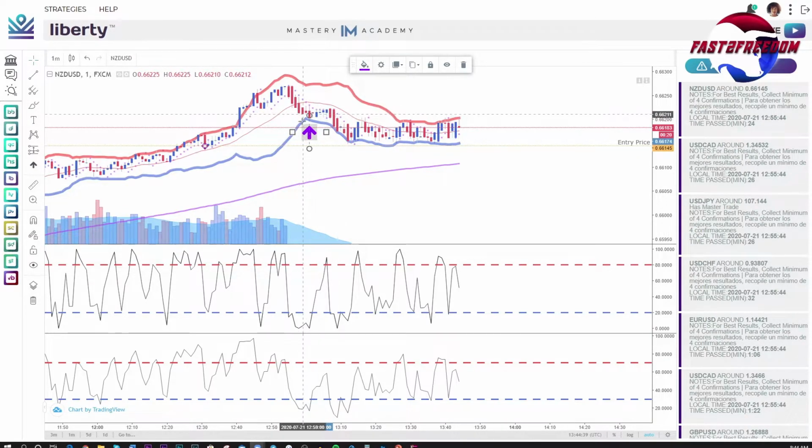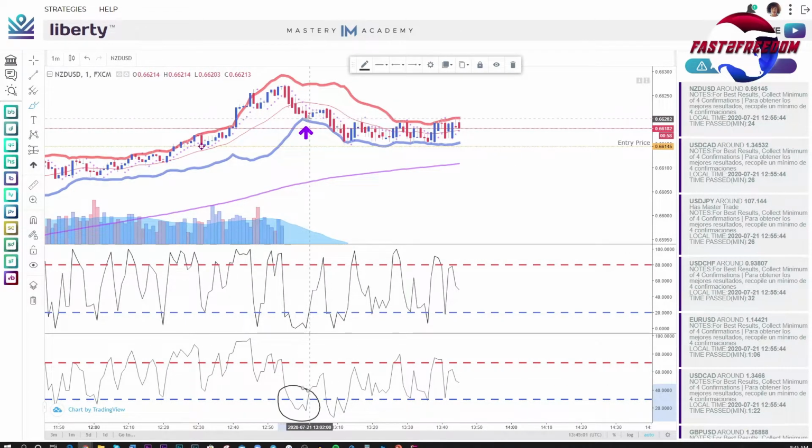And depending on where we get in, if we're not paying attention to the stochastics and the RSI was telling me that there is still room to continue to go down. Okay, there was still room to go down.